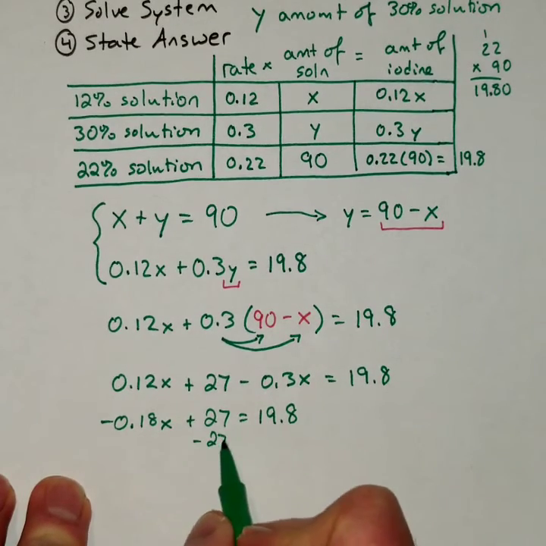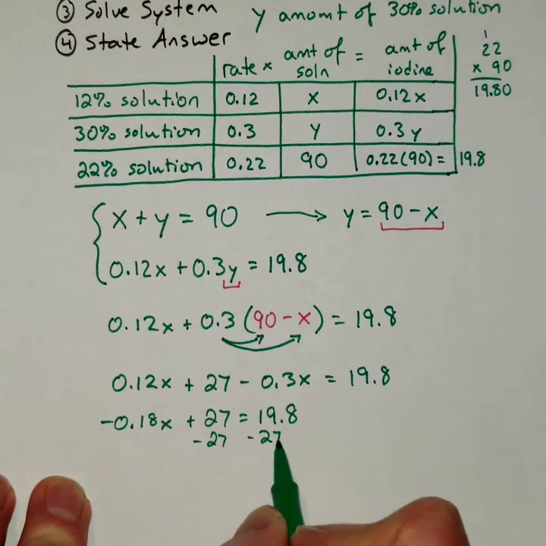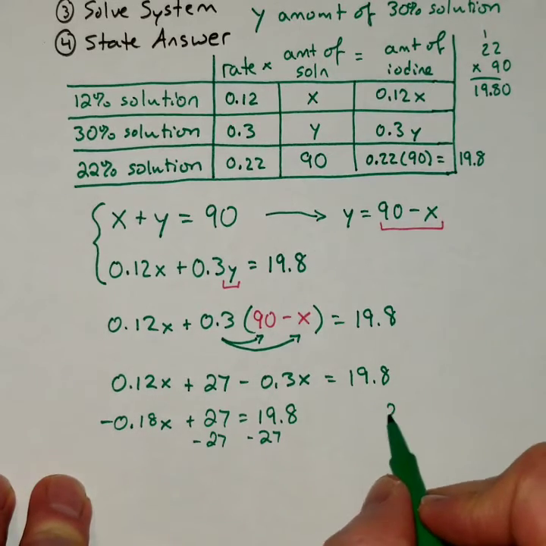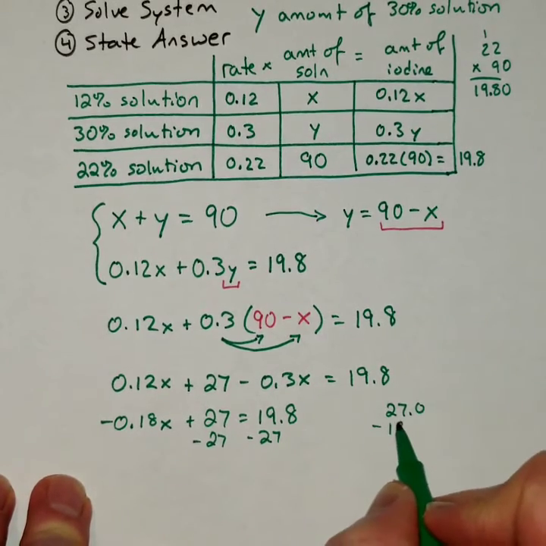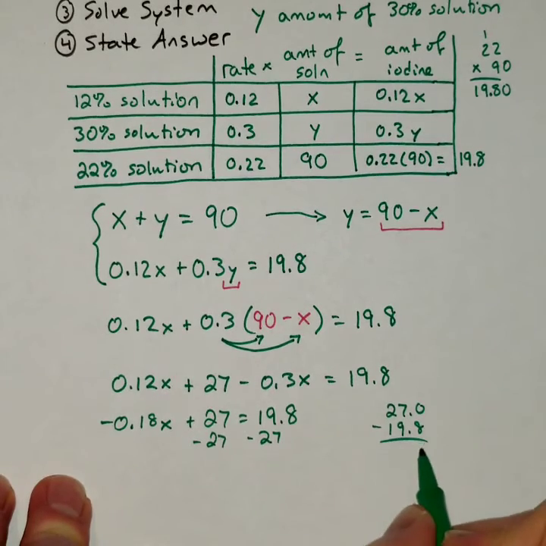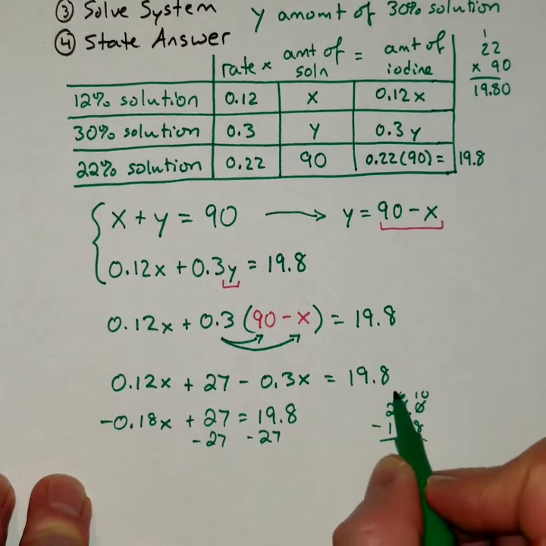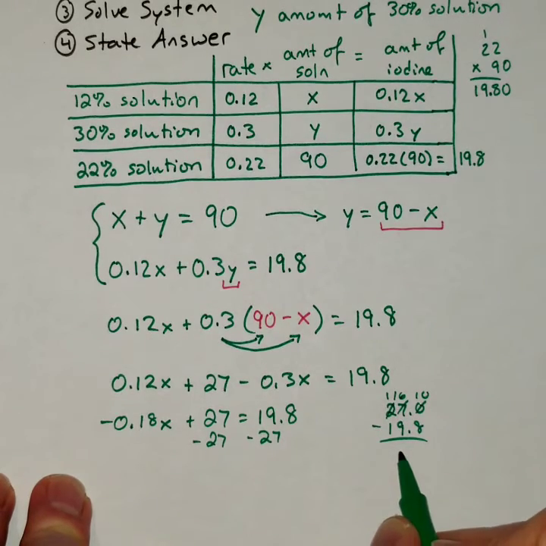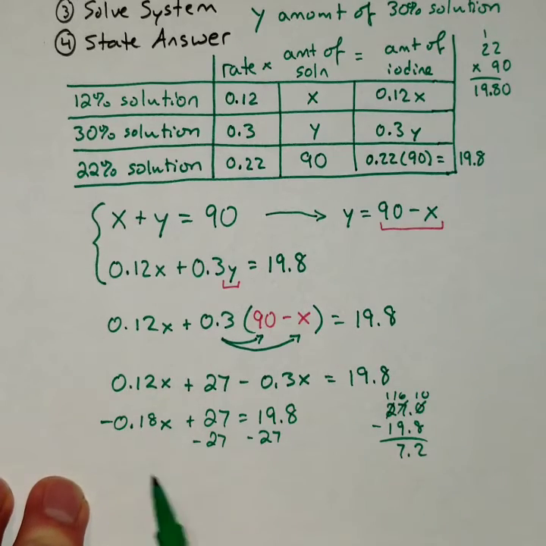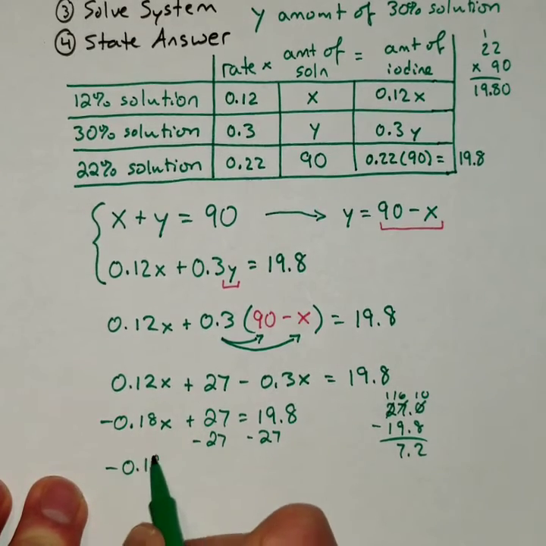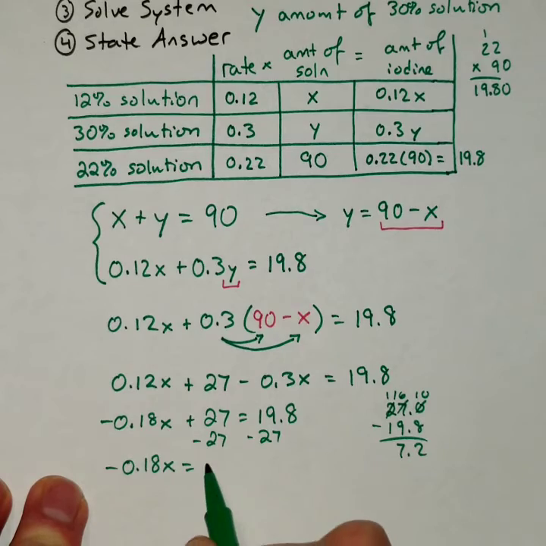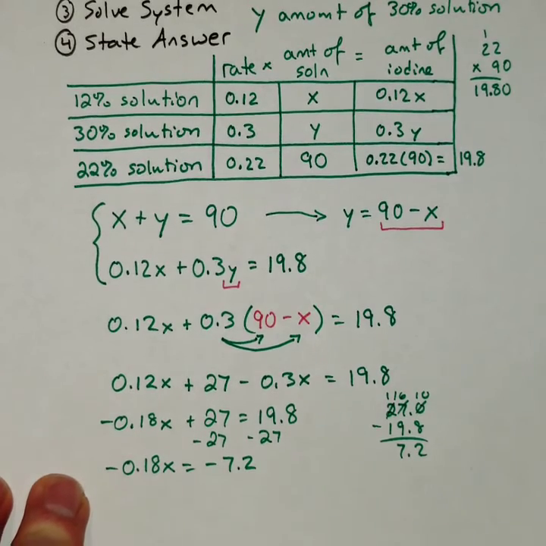I'm going to then subtract 27 from both sides, and if I do 27.0 minus 19.8 to get my difference here, borrow, 16 minus 9 is 7, 10 minus 8 is 2, 7.2. So I get negative 0.18x equals negative 7.2.